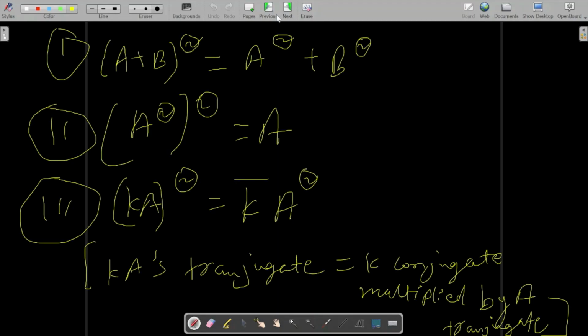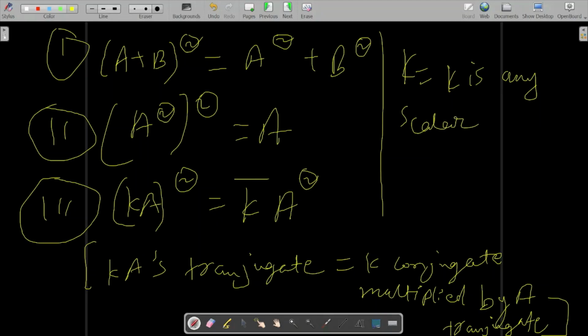And over here, k is any scalar, real or complex.